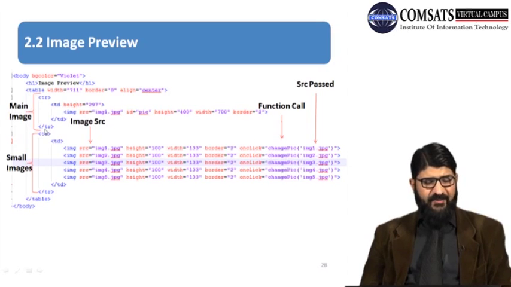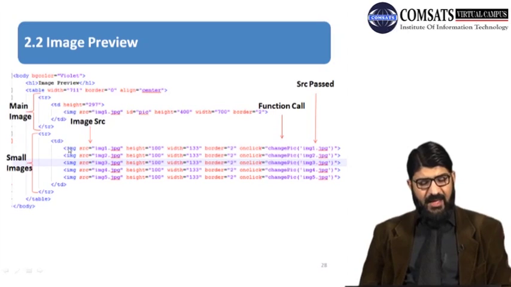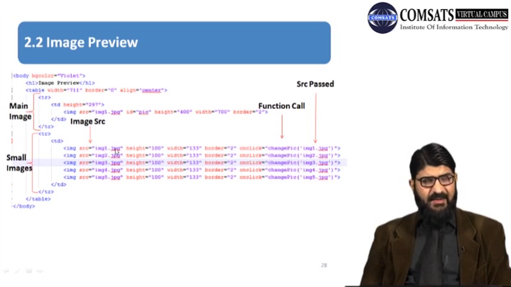The row 1 tag is closed, and the second row is started with the TR tag. The first data cell of the second row is created using the TD start tag, and then the images are mentioned over there. The image source 1, image1.jpg, is the source for image 1 with the height 100 and width 133.